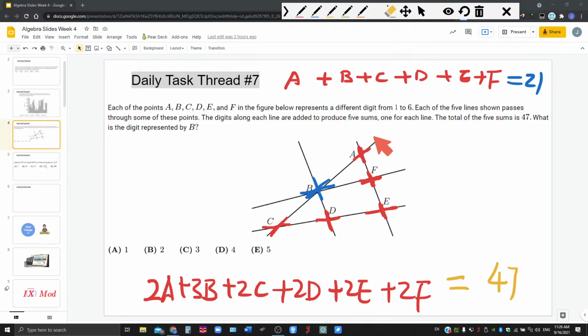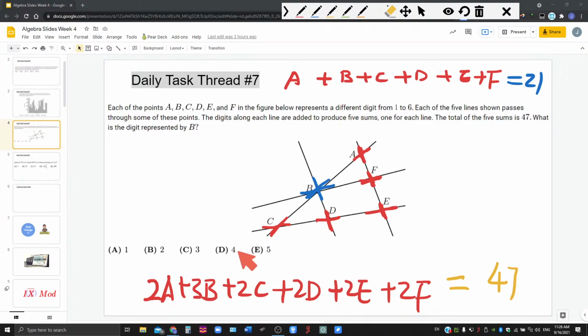So we have two conditions, two pieces of information given to us. The sum of the 6 is 21, and the sum of this many numbers is 47. Now let's observe the difference between them. You have 2A, 2C, 2D, 2E, and 2F, and 3B.